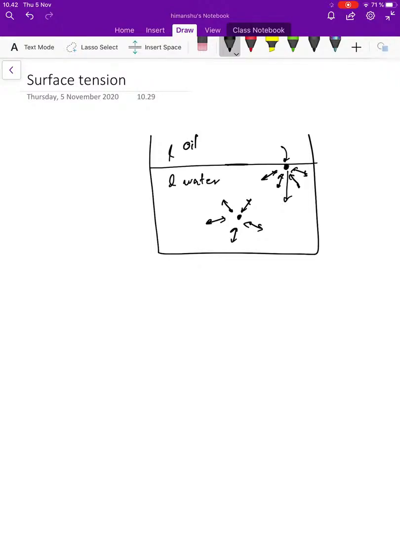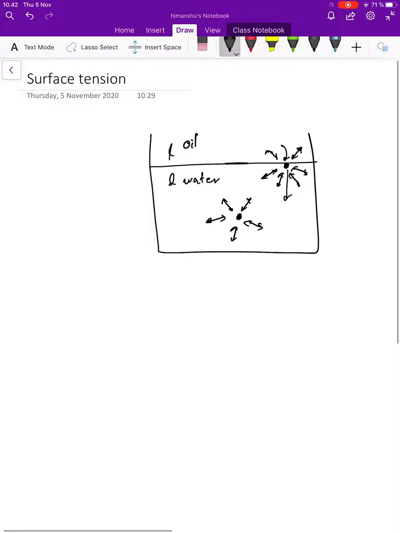So this water drop or water particle will experience forces differently from oil than would this water drop or water particle, which experiences intermolecular forces only from other water particles. So this is the molecular basis for what is called the surface tension. Another way to understand it is that liquids minimize their surface area and become spheres because of this tension.